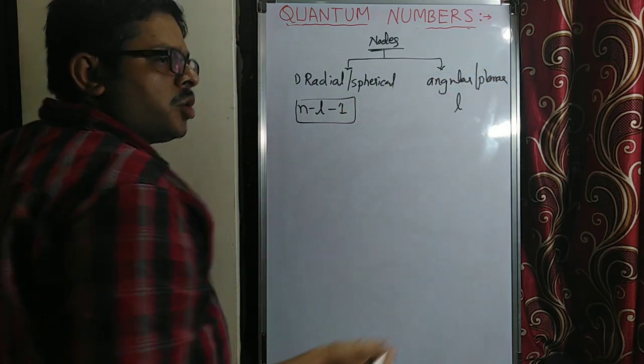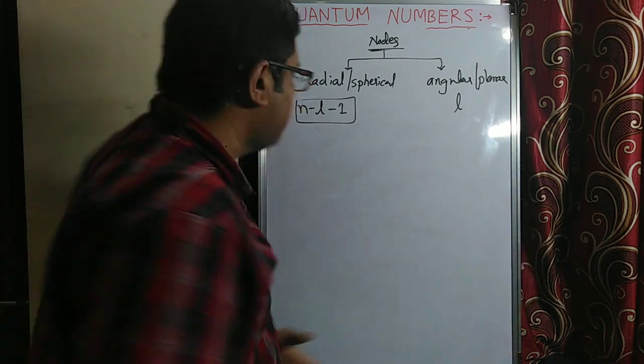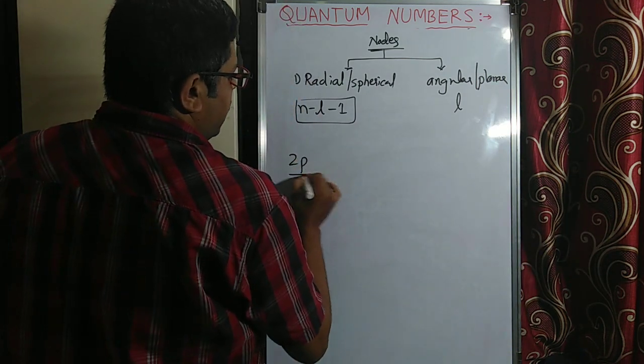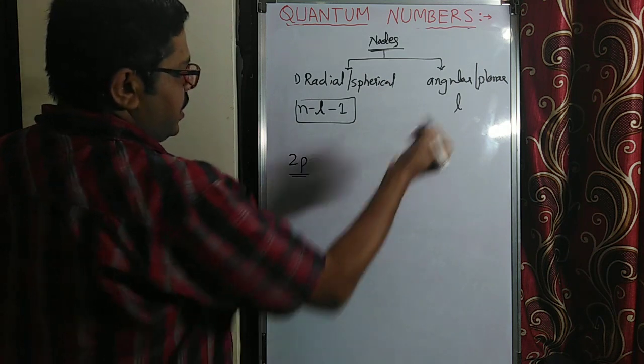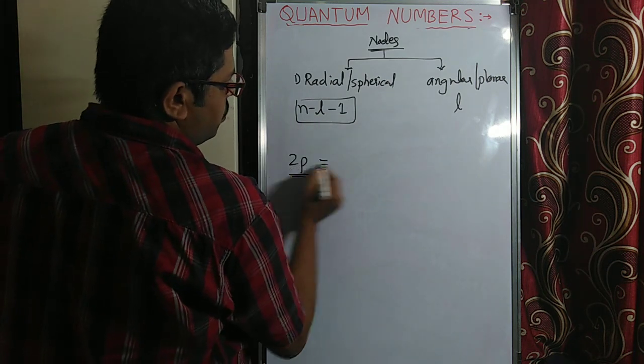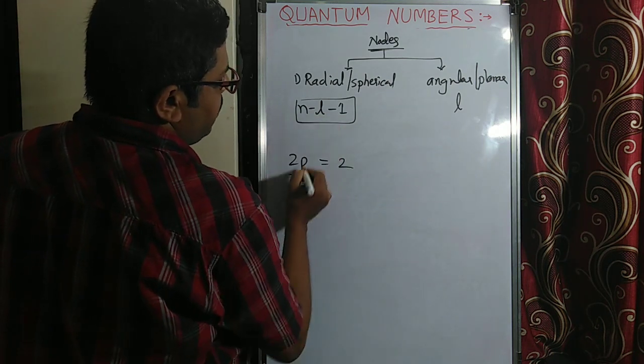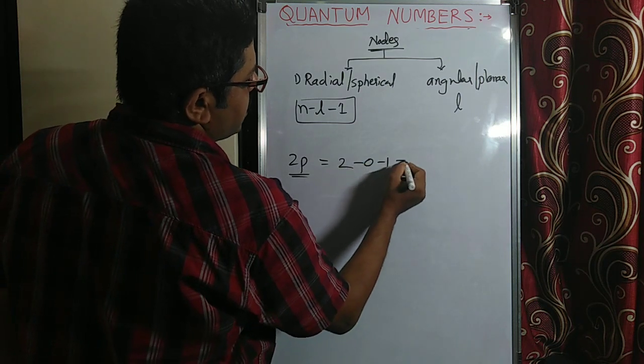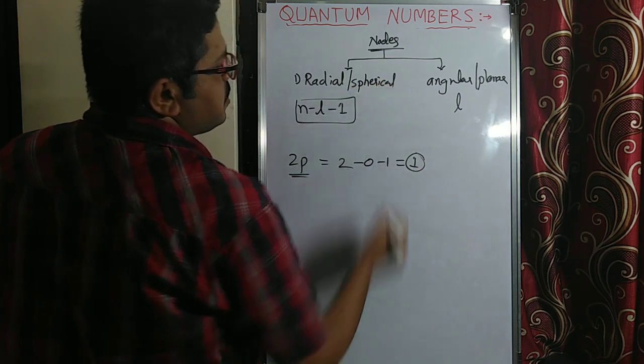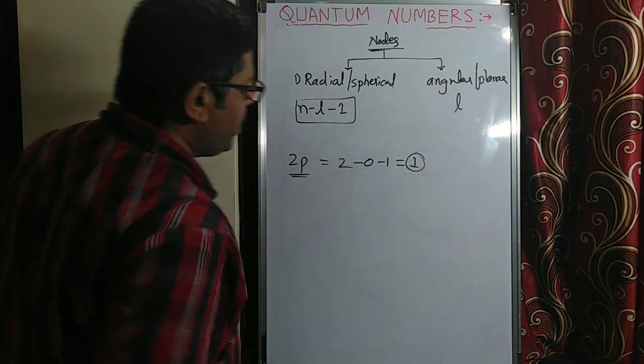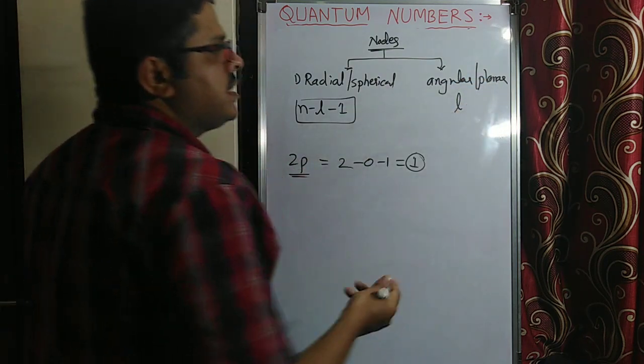See, if the question is given in the CET or NEET exams, remember, if 2p orbital is there, how many radial nodes are present? See, 2p orbital, n is 2, right? P means L is 1. So 2 minus 1 minus 1 is equal to 0 radial nodes. Angular node, how many? This does not depend on the n value.